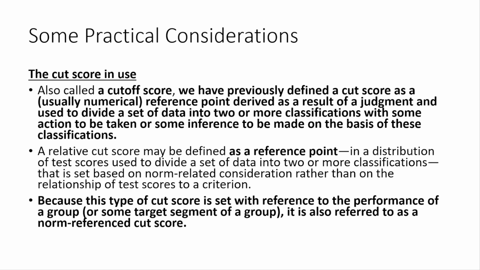So, a relative cut score may be defined as a reference point in a distribution of test scores used to divide a set of data into two or more classifications that is set based on norm-related consideration rather than on the relationship of the test scores to a criterion. So because this type of cut score is set with reference to the performance of a group or some targeted segment of a group, it is also referred to as norm reference cut score.